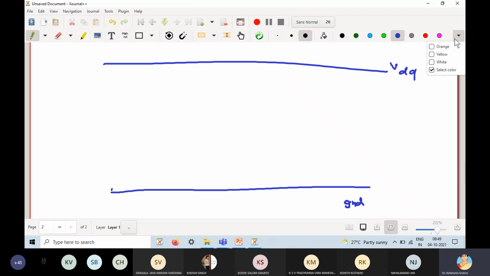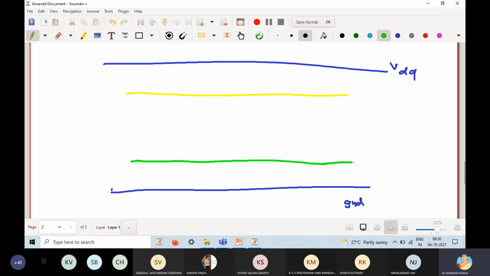Then you draw yellow stick. Okay. Draw green stick. Okay. Then how many inputs are there? How many inputs we have?